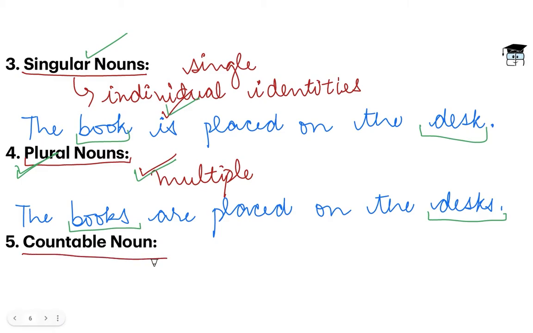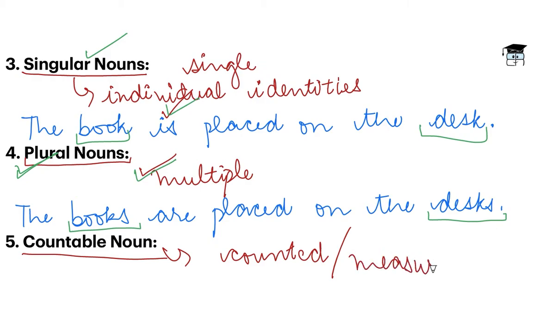Now what are countable nouns? The nouns that can be counted or measured. Nouns that can be counted or measured are known as countable nouns. This means that these nouns are quantifiable.